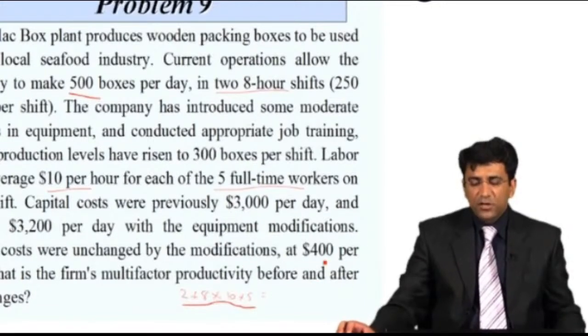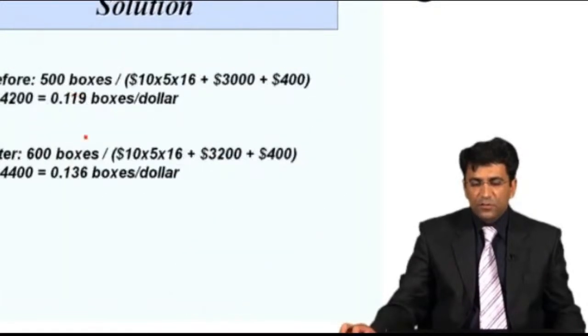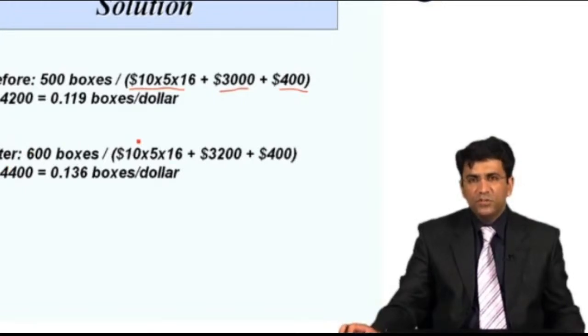So our total inputs will be equal to labor input plus capital cost plus energy cost: this is the labor cost, this is the capital cost, and this is the energy cost. So our old productivity will be equal to 500 divided by 4200, which is 0.119 boxes per dollar.